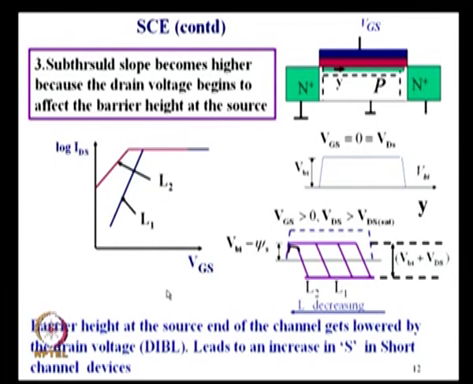This also has been discussed. I am just drawing what happens here in the subthreshold region. In the subthreshold region, there is no drop across the channel, because there is no drift current. So, potentially if you see VBI, no drop, VBI. When you apply voltage to the gate below threshold, what happens to the barrier height?